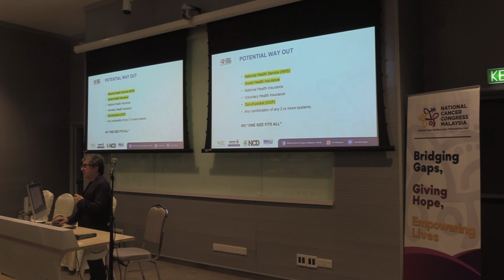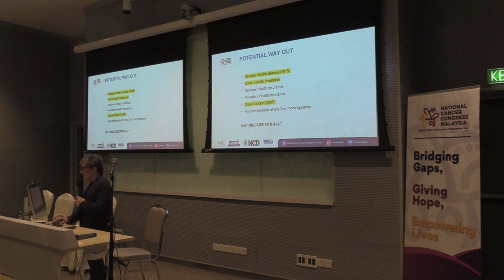But at the same time, there are other potential sources of income, one of which is called social health insurance. This is very popular in Europe, especially Western Europe. I'll talk about the details of it later on.